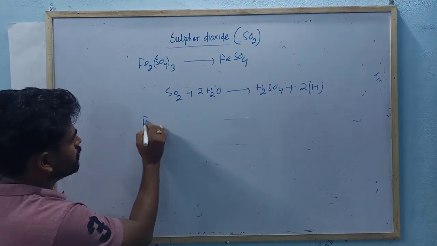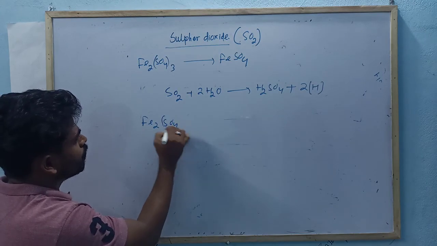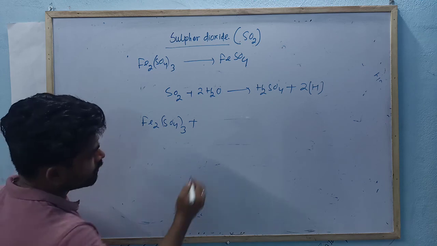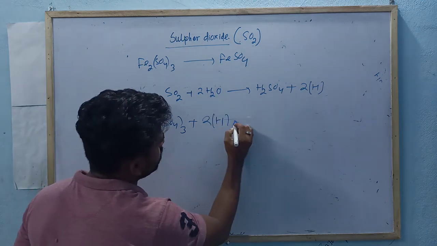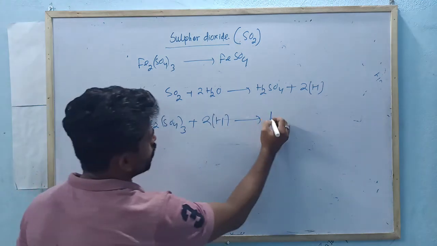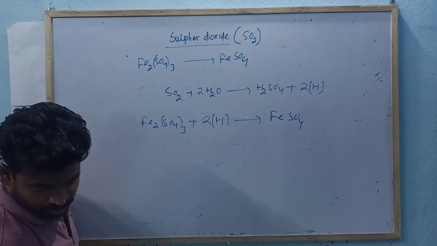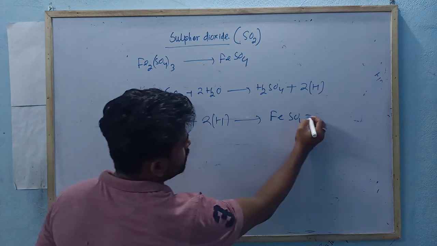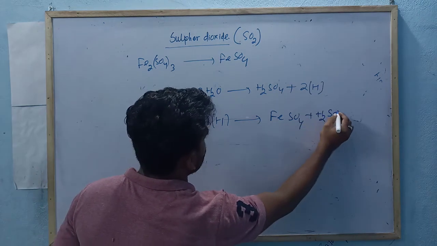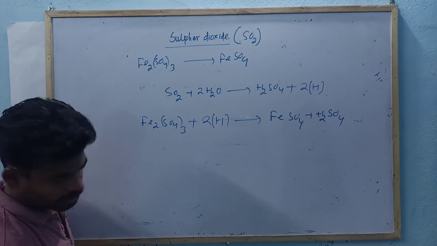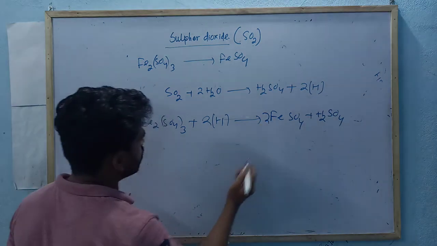Okay, now this Fe2(SO4)3 will accept that 2 nascent hydrogen leading to no doubt FeSO4, ferrous sulfate. Okay, plus there will be H2SO4.